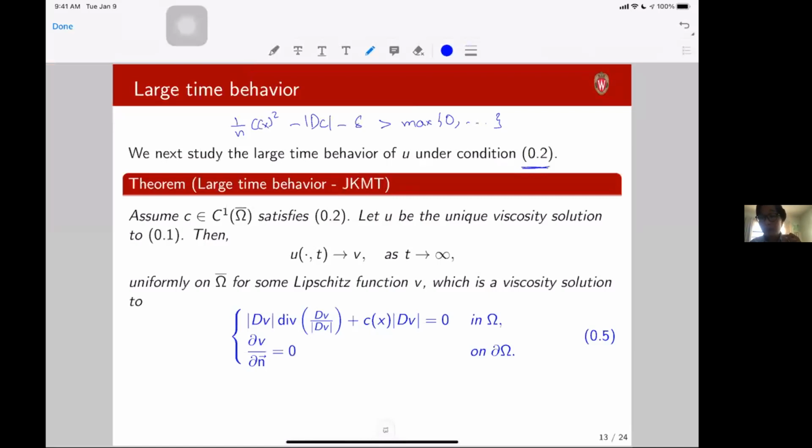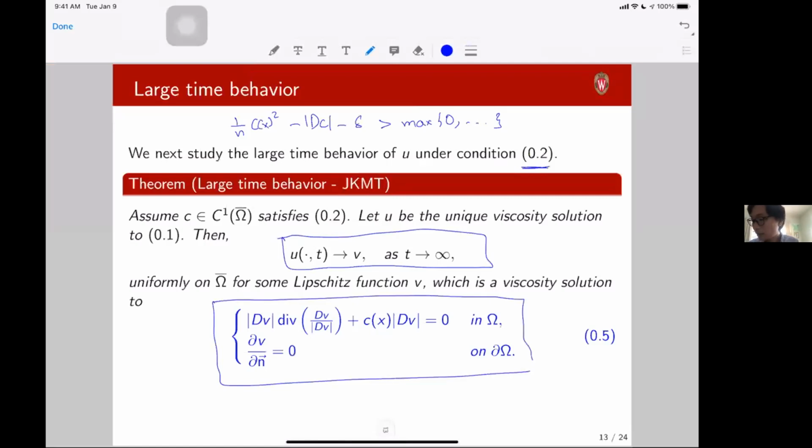Once it's globally Lipschitz, we care about large time behavior. This result is pretty standard. We can prove that as time goes to infinity, u(x,t) converges to v, a stationary solution, and v solves this stationary equation.